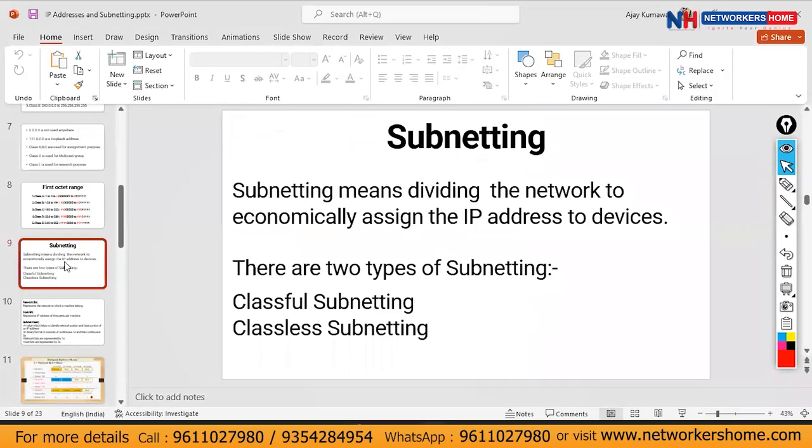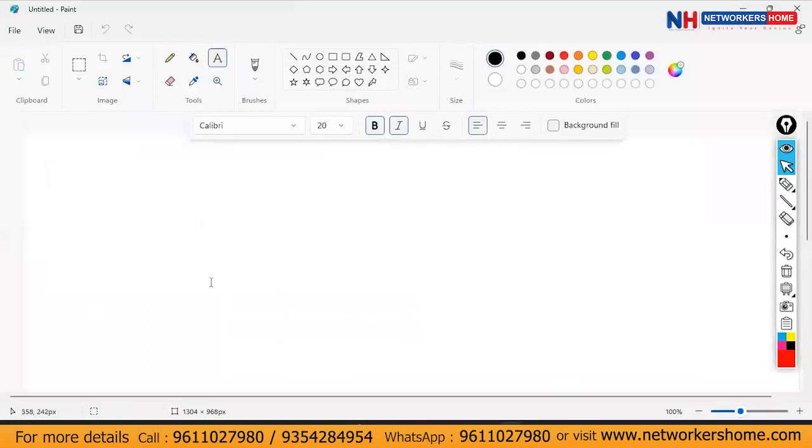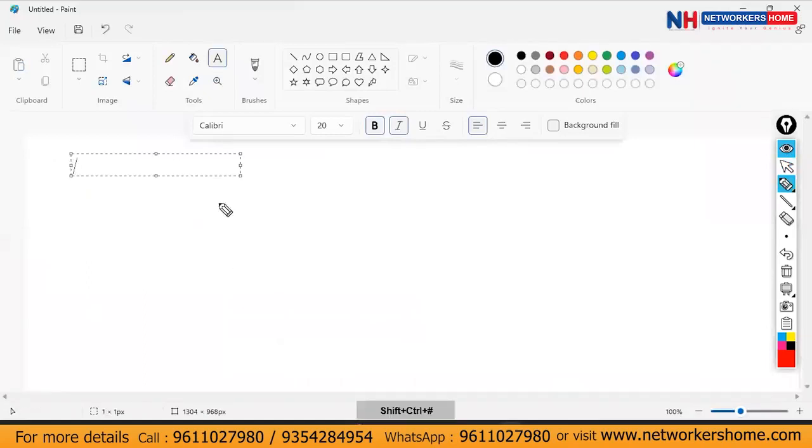So what is subnetting? Before going to subnetting, we must know a few things about your IP address. Let me give you the example of a university. Students get enrolled in the university and they have an enrollment number. Let's say this is ABC University.